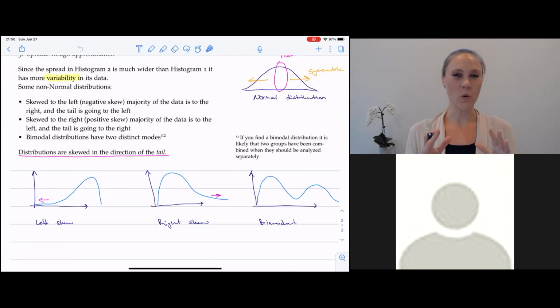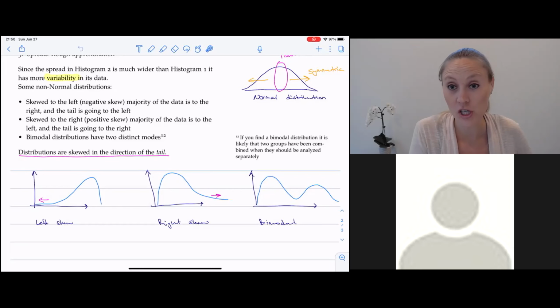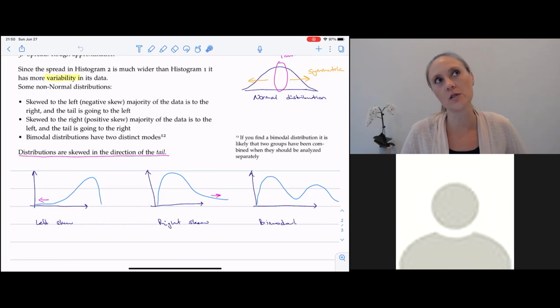Okay, so we need to be able to describe the distribution, mostly so that when you call your friend you can describe the shape. That's probably the newest part. Really, as long as you stick to normal or non-normal, then you're okay.